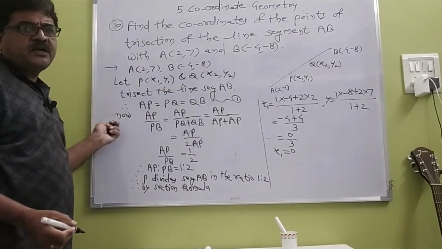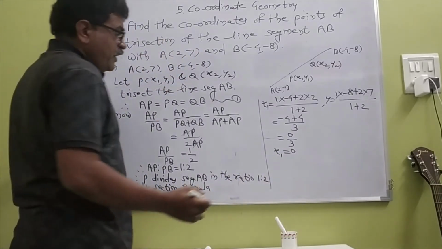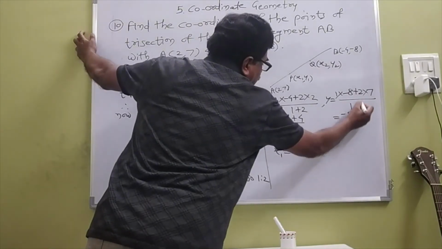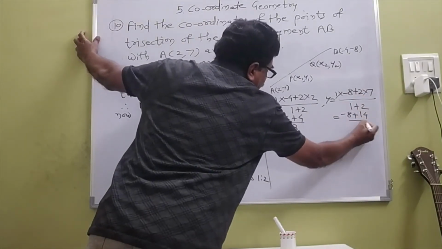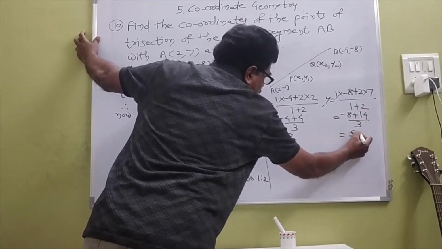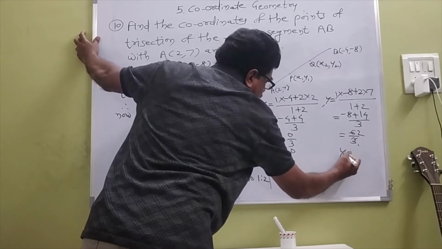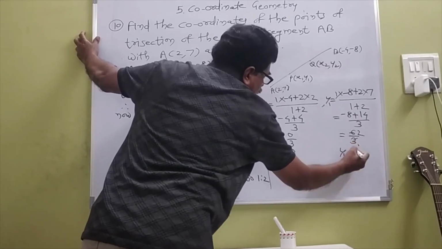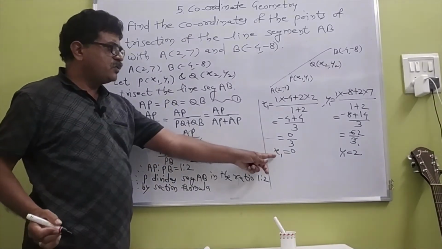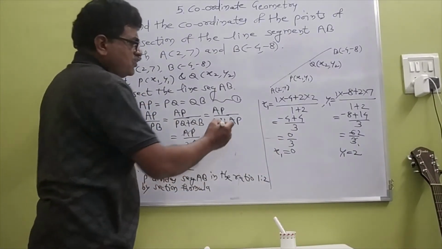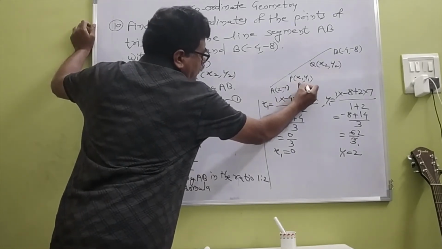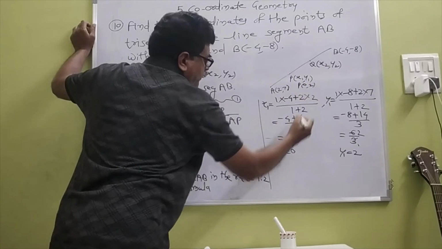Therefore, x coordinate is 0, and here y is equal to (-8 + 2 into 7), that is 14, divided by 3, is equal to 6 upon 3. Dividing by 3, y1 is equal to 2. x1 is equal to 0, y1 is equal to 2. Therefore, the coordinates of this point are P(0, 2).